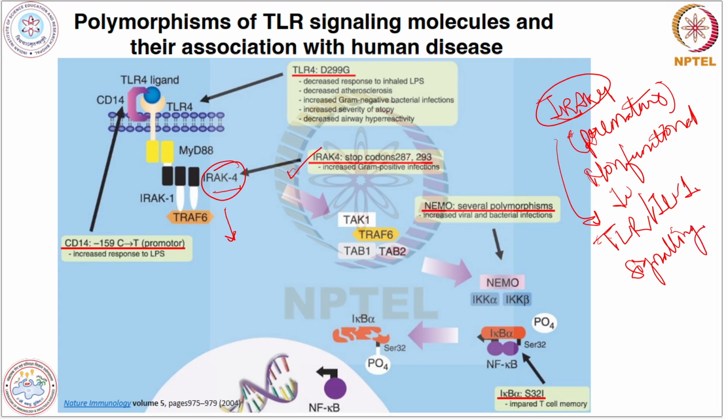So on mutation in these two stop codons, 287 and 293, this downstream signaling will stop here. So the immune system cannot respond to the infections.